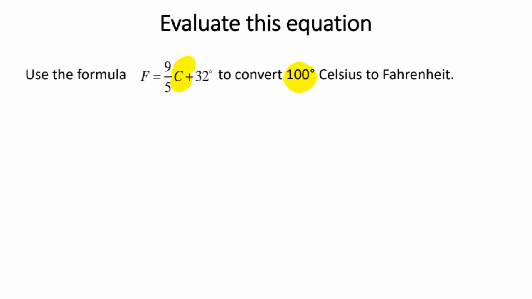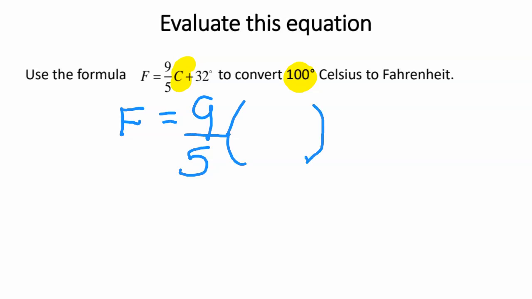So we are going to do a little rewriting. This is F is equal to 9/5 parentheses plus 32. Now, I'm going to put in 100 over 1. Now, why did I do that? Because this is a fraction.